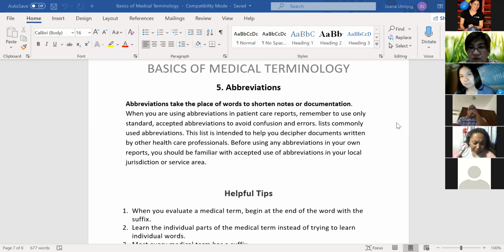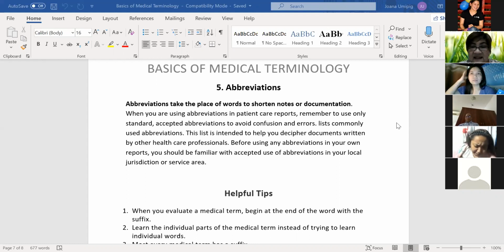To avoid confusion and errors, list commonly used abbreviations. The ones we will use daily, the most common, those always used when we come into our workplaces, those are what we memorize by heart. Because those are always discussed. They never go away, they are always there. So we need to memorize them by heart, because we need it to understand our work.